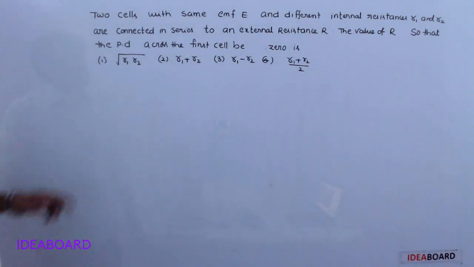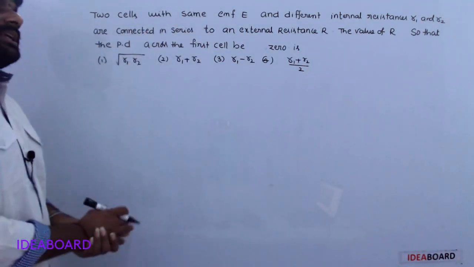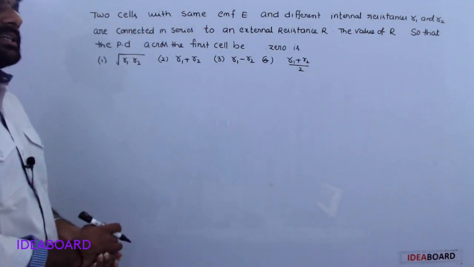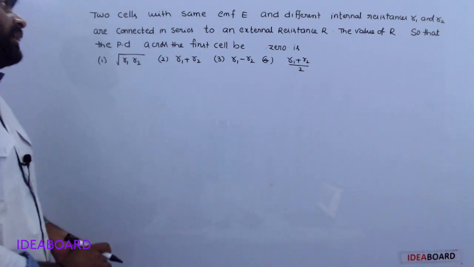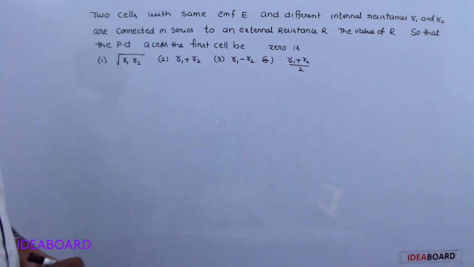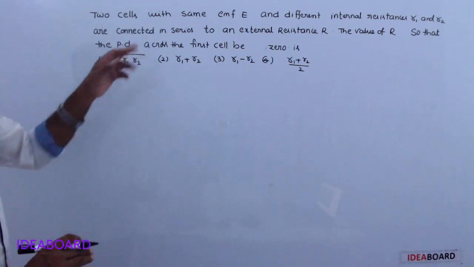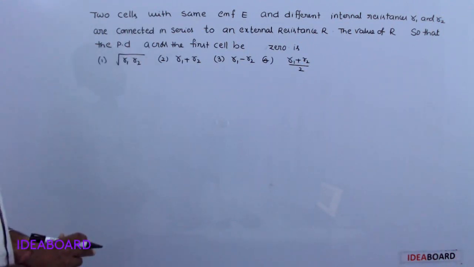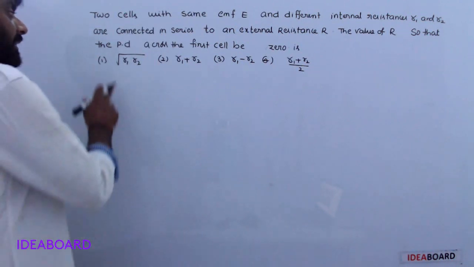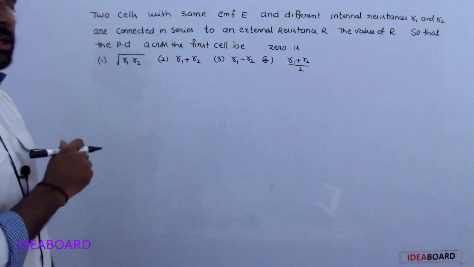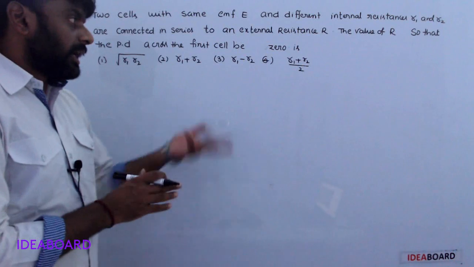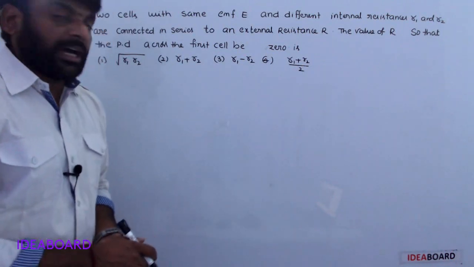Next problem. Two cells with the same EMF E and different internal resistances R1 and R2 are connected in series to an external resistance R. The value of R so that the potential difference across the first cell be 0 is. The options are: square root of R1 R2, R1 plus R2, R1 minus R2, and the fourth one R1 plus R2.